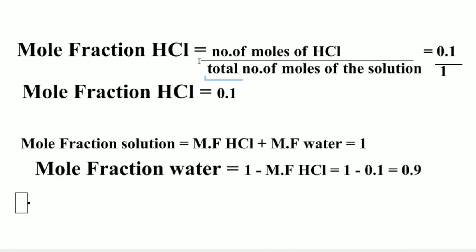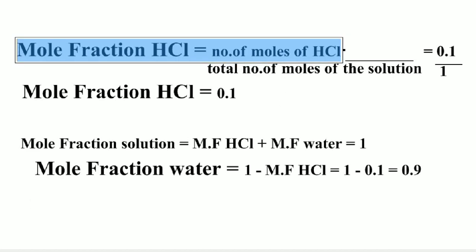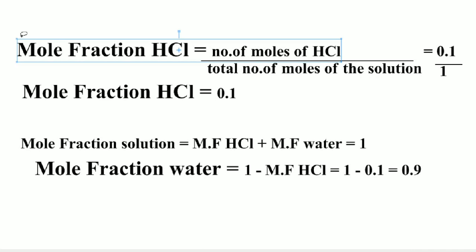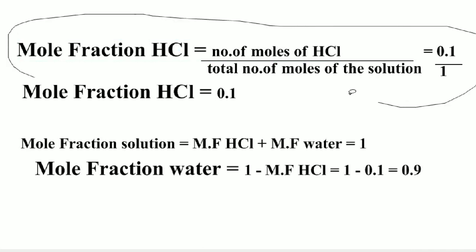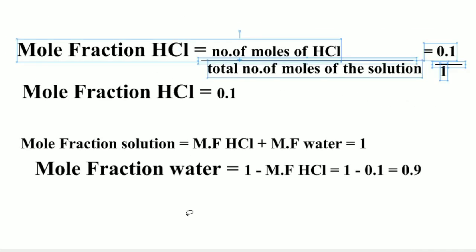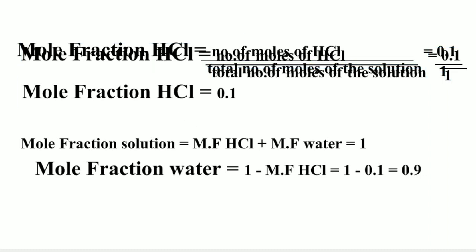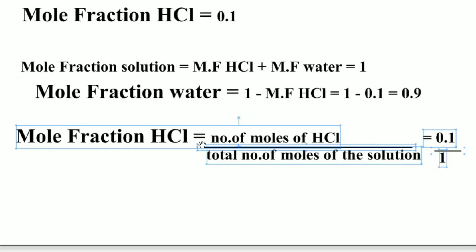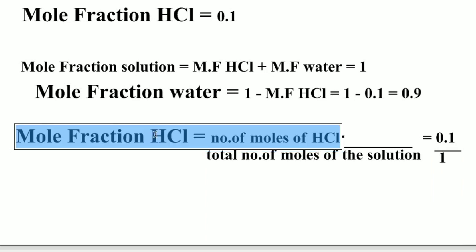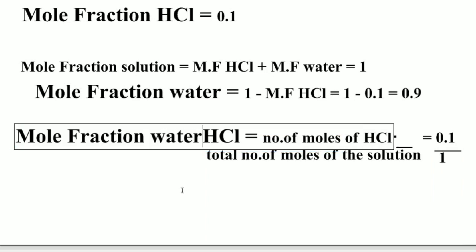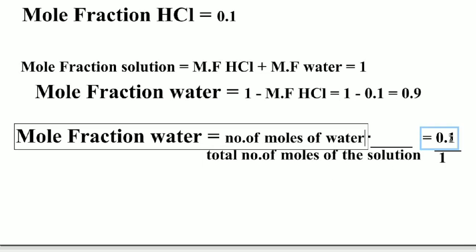Students, we can also find the mole fraction of water from the formula. Mole fraction of water is equal to number of moles of water by total number of moles of solution.